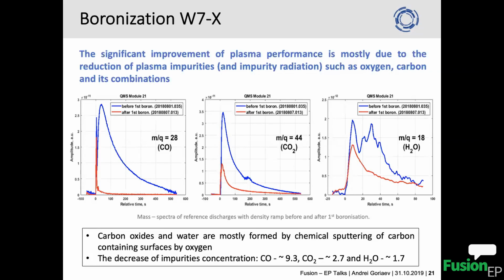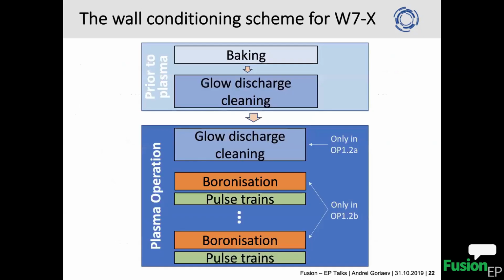I hope I explained more or less clearly the different types of wall conditioning techniques, and some examples of application on W7-X. What I want to say now is that for different fusion devices, you have to find a different wall conditioning strategy, meaning you have to find the right technique, how to apply it, which parameters to use, how often to apply it, and the consequences of application.